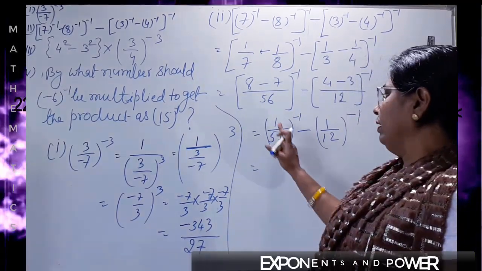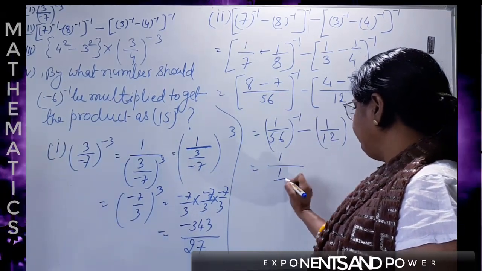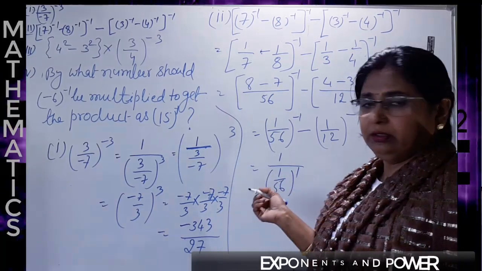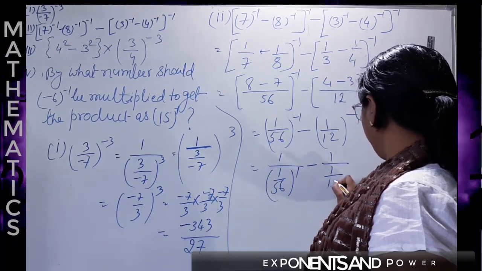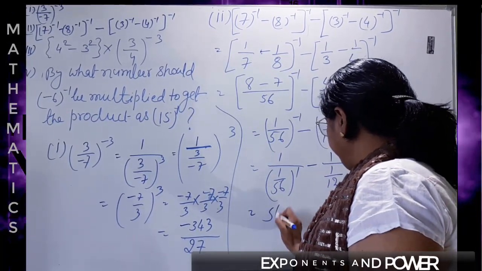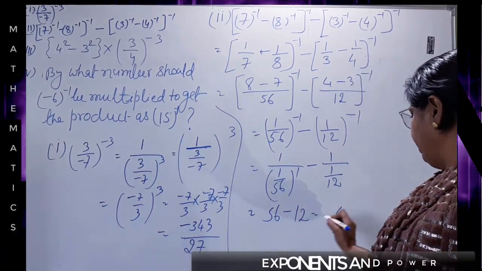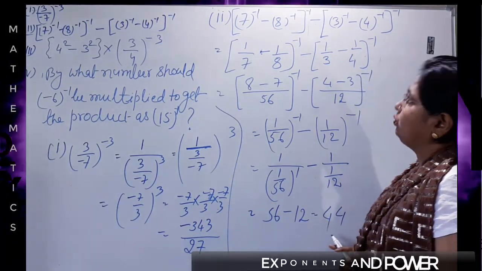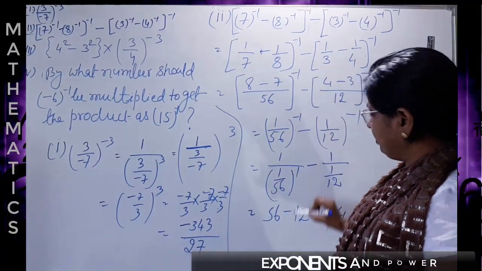Now (1 by 56) to the power minus 1 again is 56 going up, minus 12. Now 6 minus 2 is 4 and 5 minus 1 is 4, so 44. All steps are like this. The answer is 44. In this way I hope you understand the steps I have written.